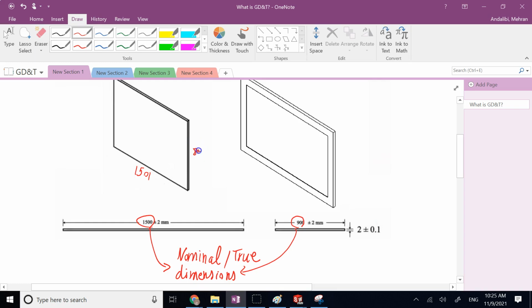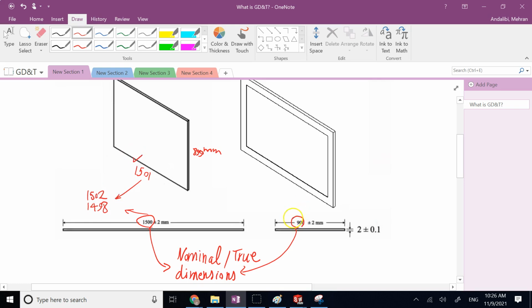So if it turns out to be those dimensions, can you use it? You come and compare those dimensions against the allowed tolerance, and you say, yes, this means it is between 1502 and 1498, and since this dimension belongs to that range, this is good.